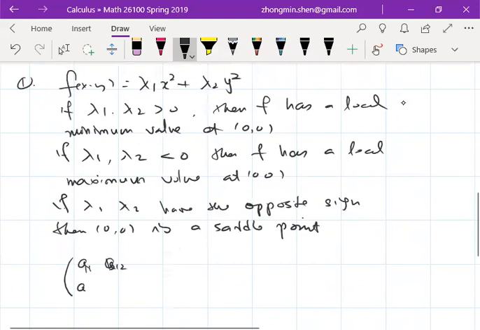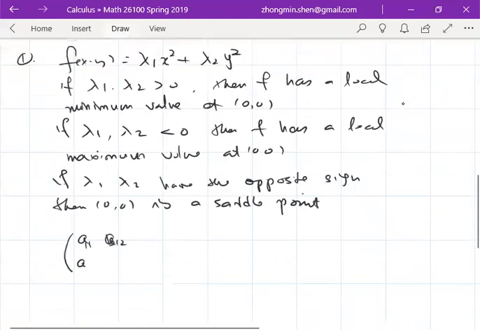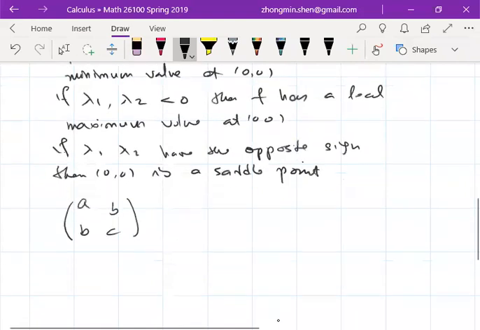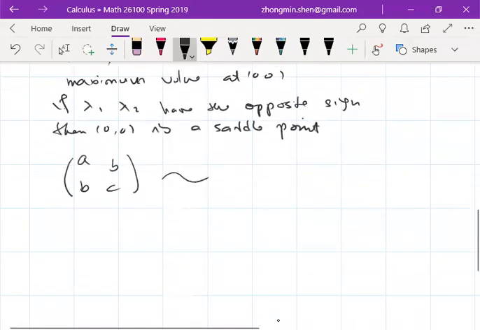We can use a symmetric matrix. So if we have A and B, and B and C, some matrix like that, of course, after simplifying, you can get eigenvalues λ1 and λ2.